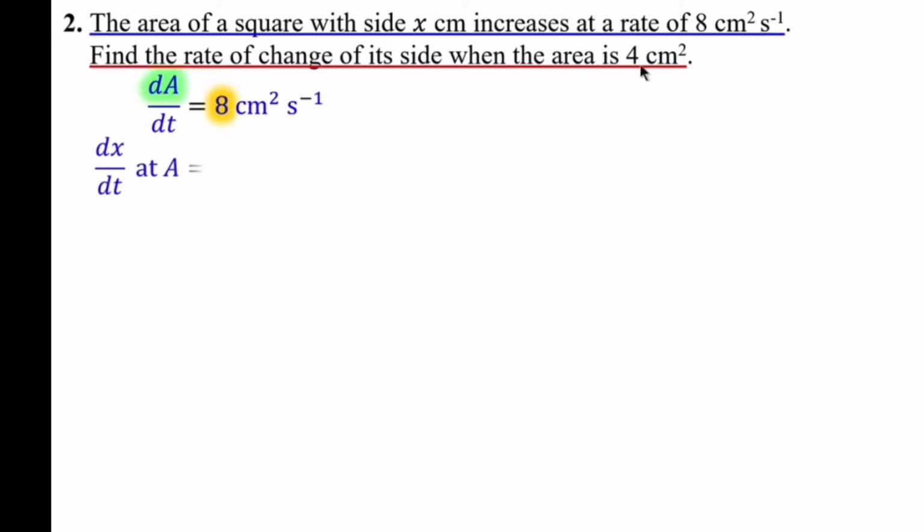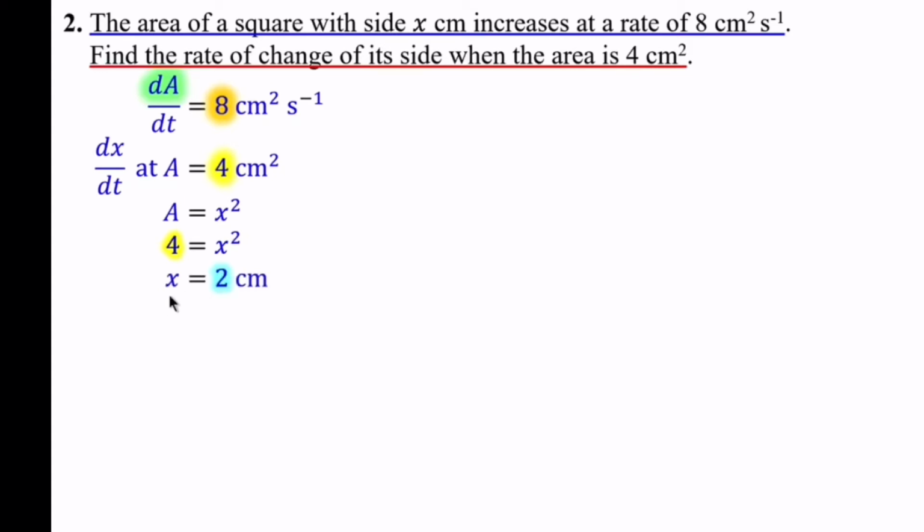That means dx/dt at the area equal to 4, but the square is x times x, so it's equal to 4. Indirectly the question is telling you to find the rate of change of side when x equal to 2, since x squared equal to 4, that means x is equal to 2.